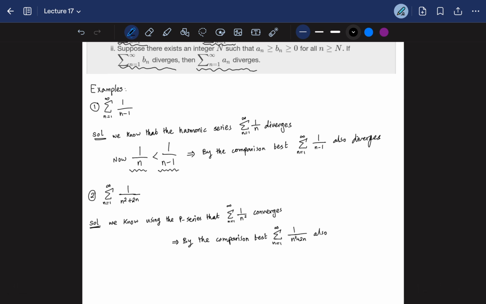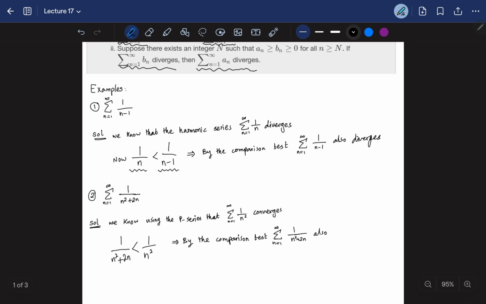But for this example, I want to compare it with the summation of 1 over n squared. Now, this series, I already know that it converges using the p-series test, because p is equal to 2, which is bigger than 1, which means it converges. Now again, if I make my denominator bigger, this means my fraction is smaller. Since n is positive, if I'm adding to my n squared something positive, this means my denominator is bigger now.